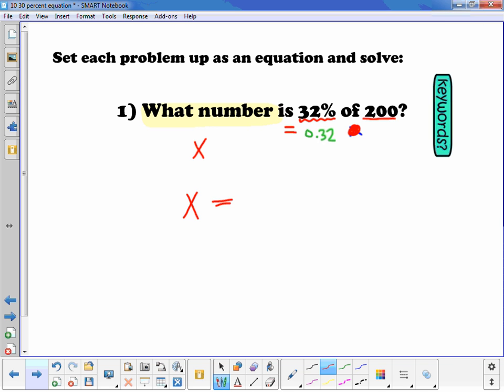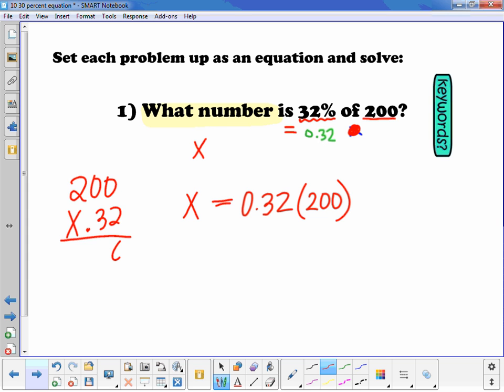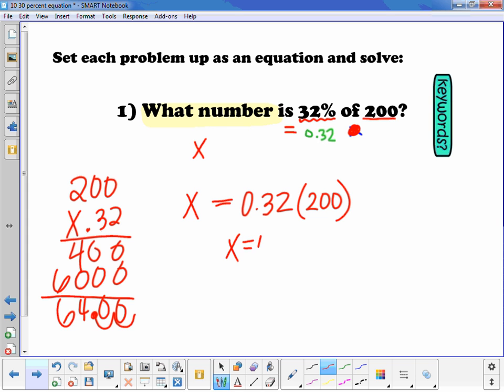I'm just rewriting, bringing down everything, keeping the order the same unless I need to do some rearranging for a coefficient. So all you need to do is multiply 200 by 32 hundredths. I need to move my decimal 2 places to the left, and so x would be 64.